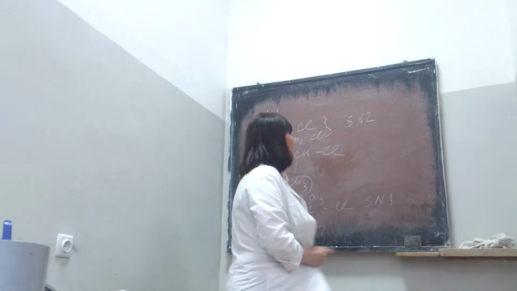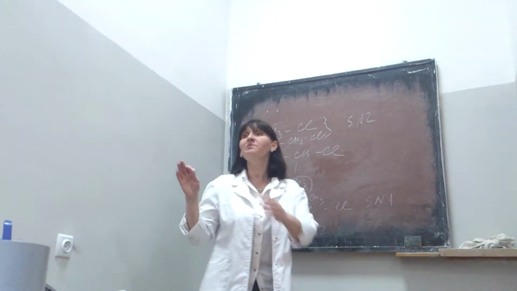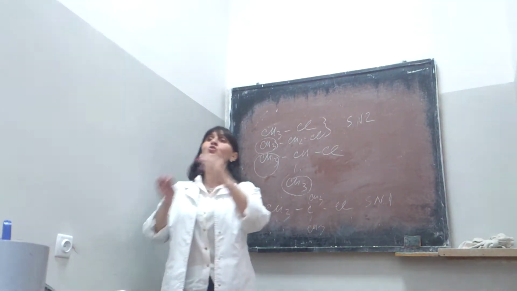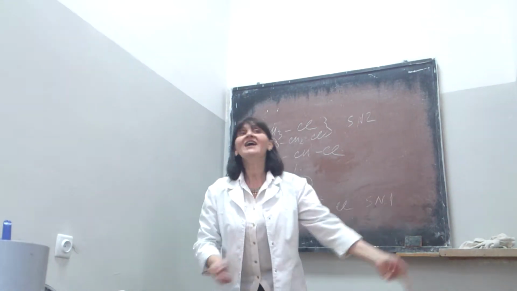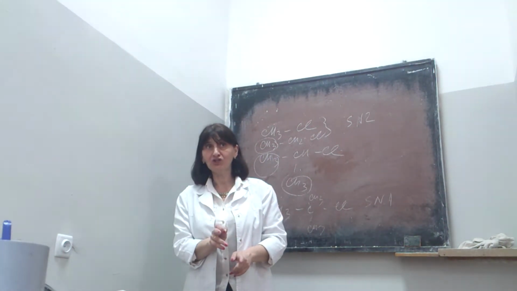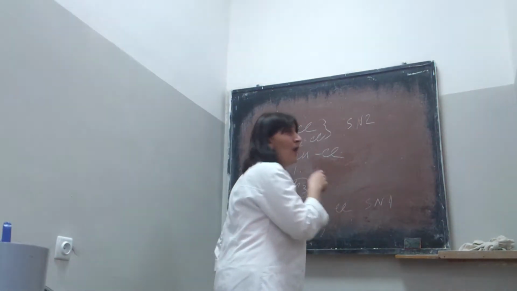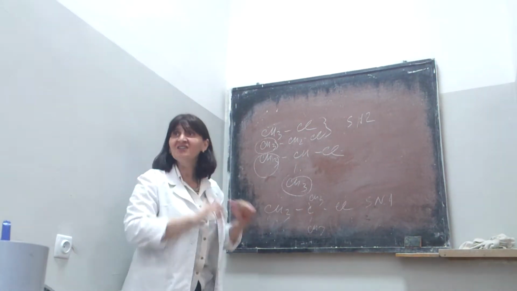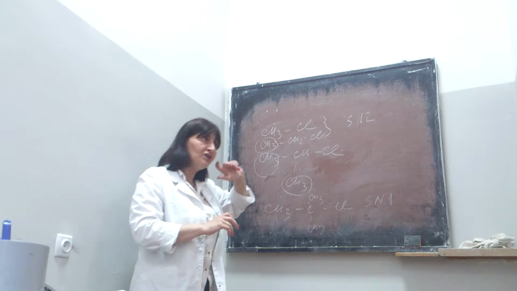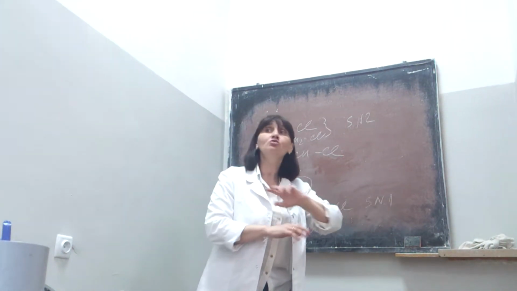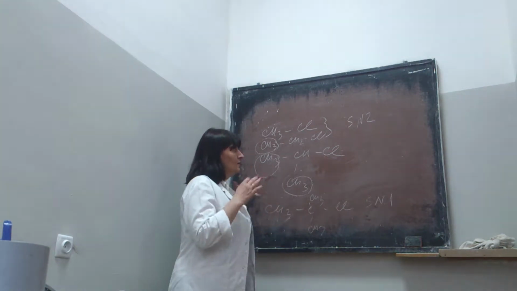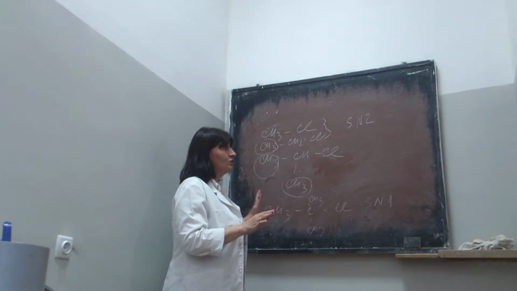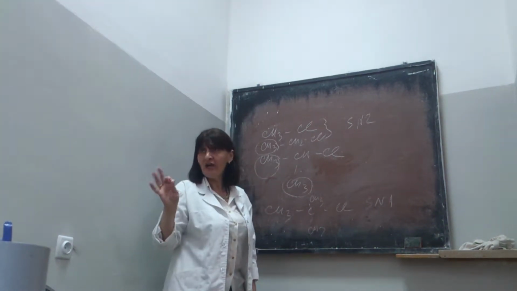Once again, in the case of the SN2 mechanism, from an optically active compound you get an optically active product, but the product has the opposite absolute configuration. In the case of the SN1 mechanism, from an optically active reactant, you always get a racemic mixture which is optically inactive.